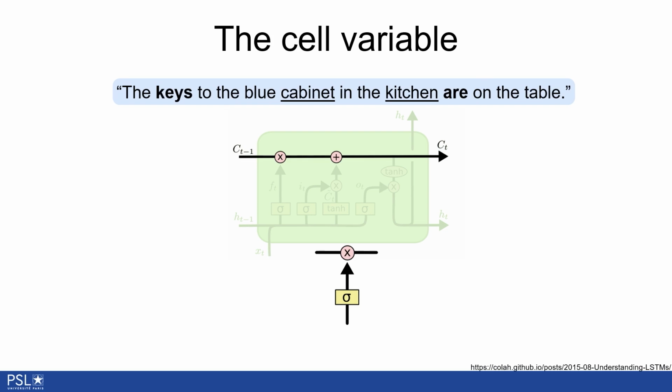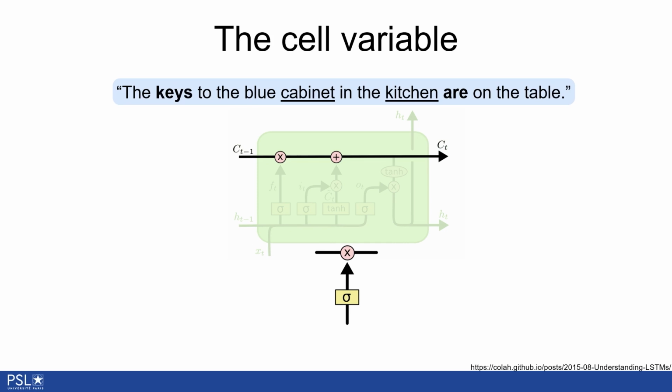A cell variable of one of the units in the network can store the grammatical number of keys, plural, and then carry it across the long-range dependency. This information can be stored throughout the long-range dependency using the forget gate, and the information can be protected from interfering nouns if the input gate remains closed until the verb are.